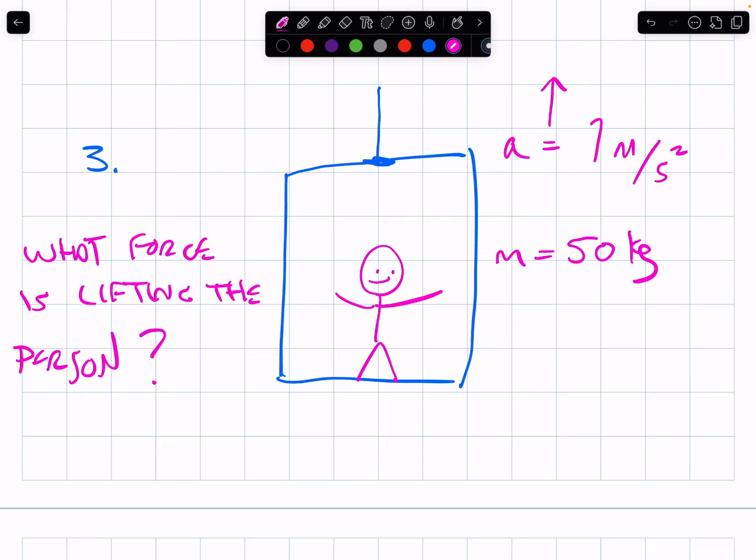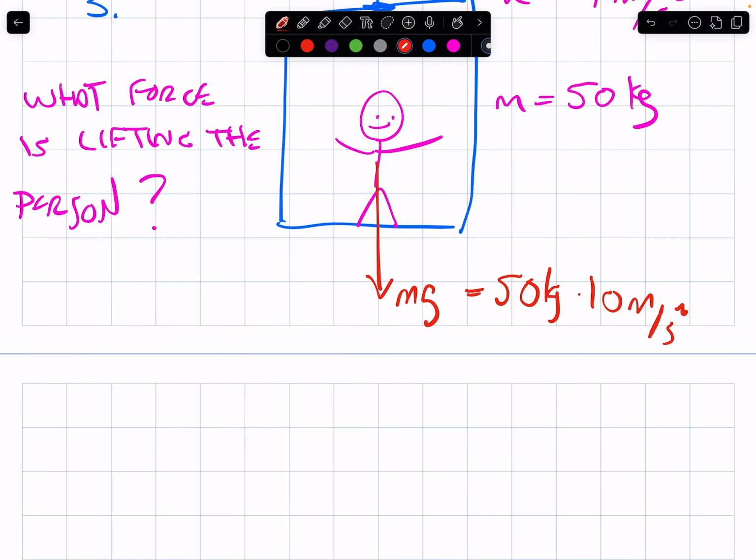I'm going to draw that gravitational force, and that's mg. We could figure that right away here. It's going to be 50 kilograms times 10 meters per second squared. 50 times 10 is 500. So the weight of that person is 500 newtons, and that force acts down.